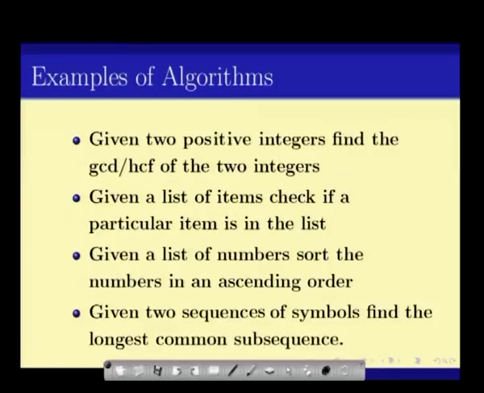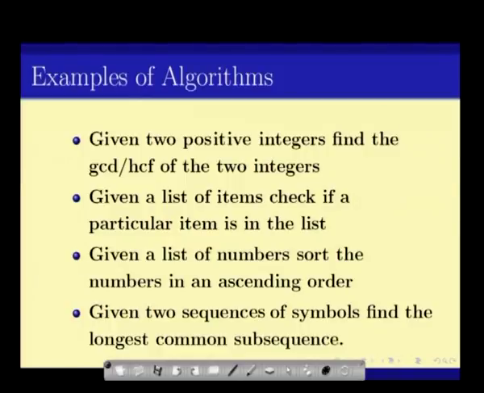So, we have obtained algorithms for, given two positive integers, finding the GCD or HCF of the two integers; given a list of items, checking whether a particular object is there in the list or not; given a list of numbers, sorting them in ascending order; given, say, two sequences of symbols, finding the longest common subsequence; and so on.